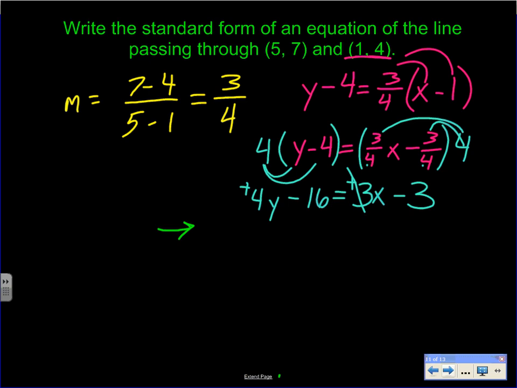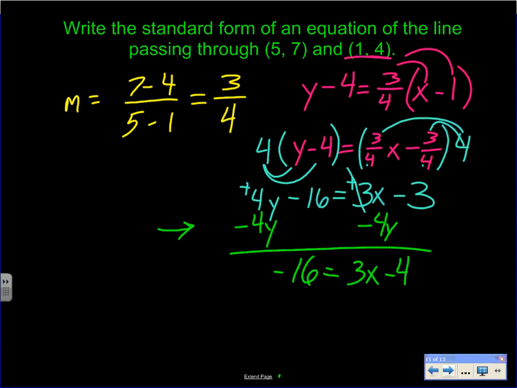At this step, if I would have subtracted 4y, then we would have gotten something that looks like this. And now if we look, A is positive there.